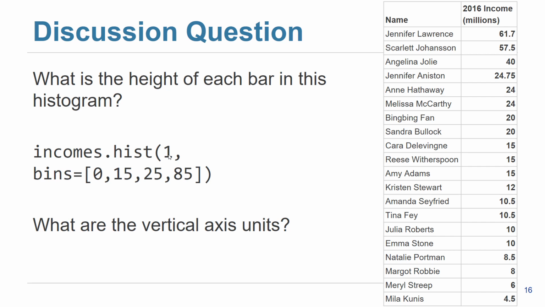Okay, now let's look at the first bin and tell me, maybe in a minute, what will be the height of the bar of this bin. The first bin here is from 0 to 15, right? So the height will be 15. How did you get it? Can you think about it for a second?